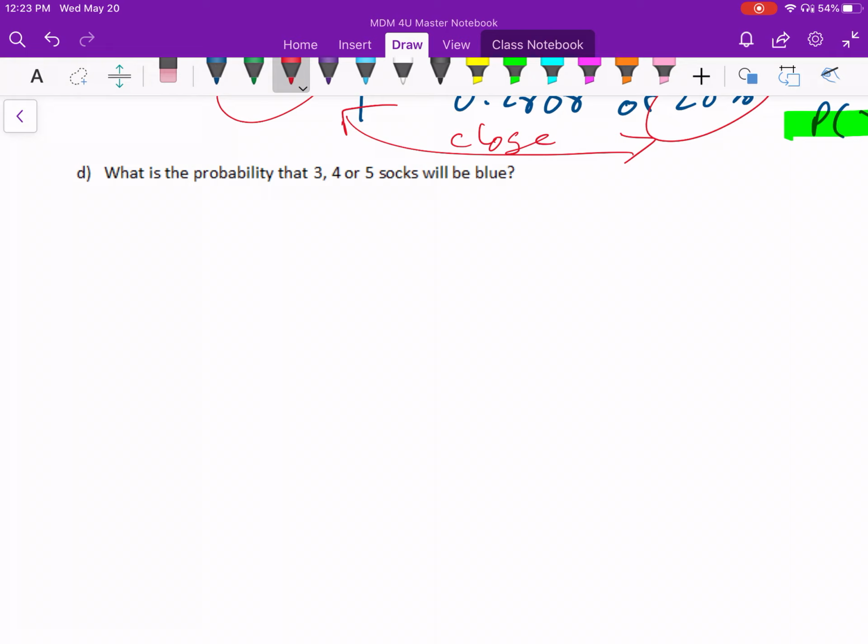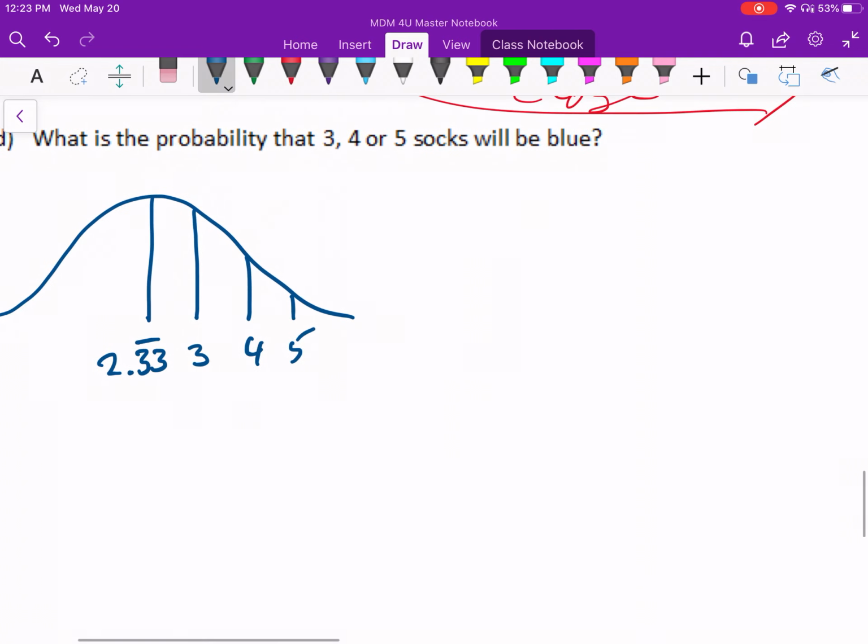So 3, 4, or 5 stocks means that here's my mean, and so 3 is here, 4 is here, let's say 5 is here. We want 3 or 4 or 5, so the lowest we would go would be 2.5.